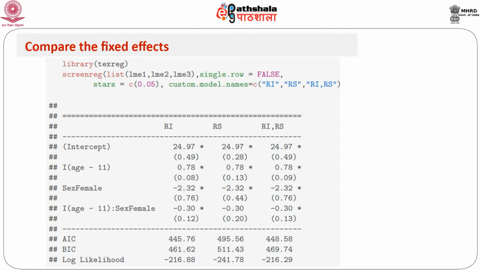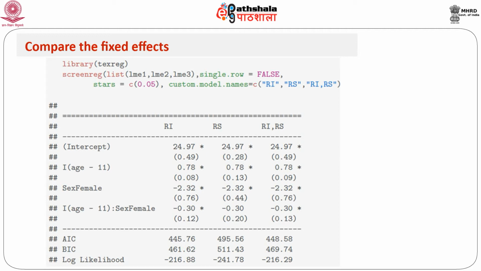For males it is 0.78, while for females we have to subtract 0.3 from 0.78 and we get it. But note that whatever the mean model, there is no large difference among the fixed effects.